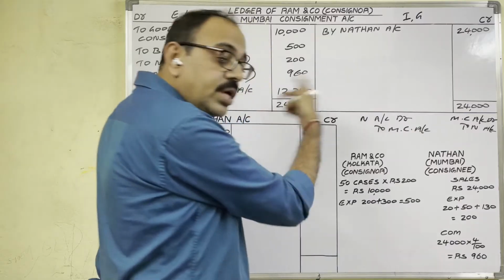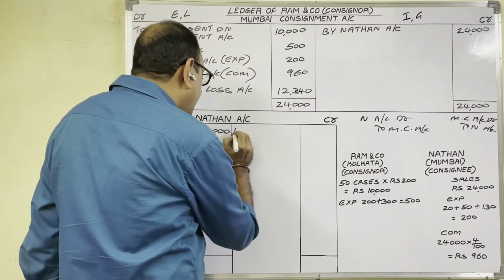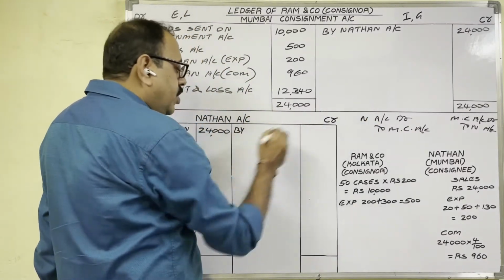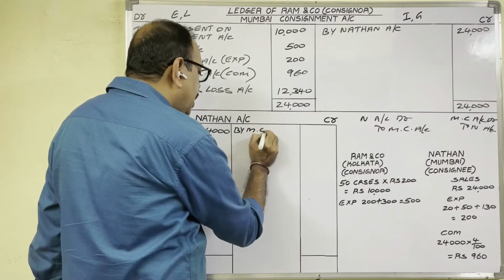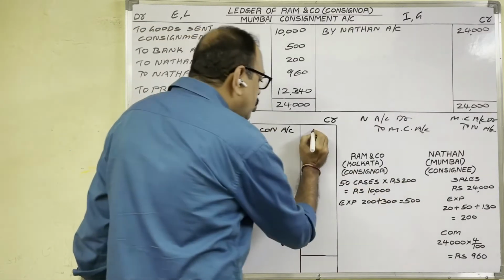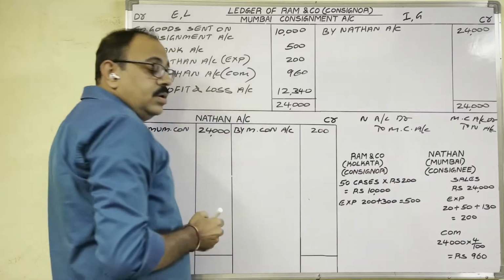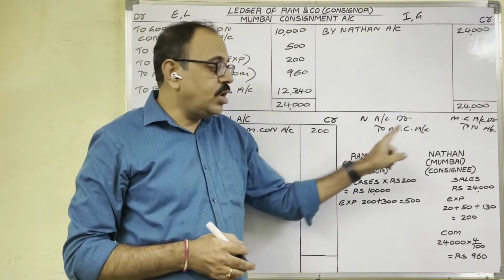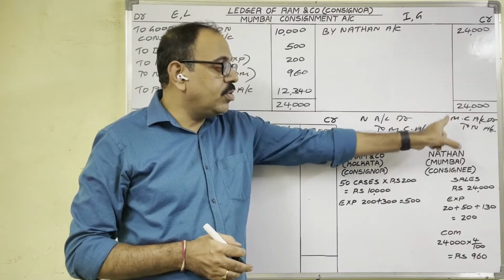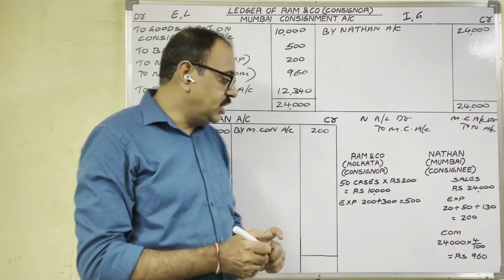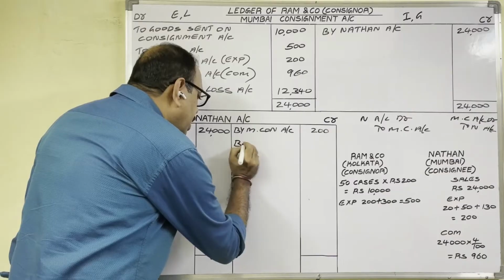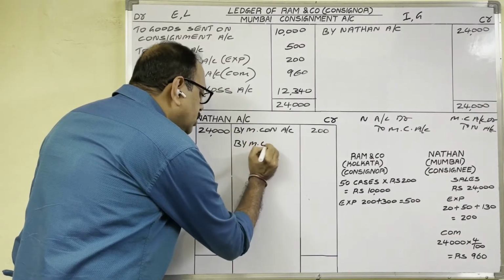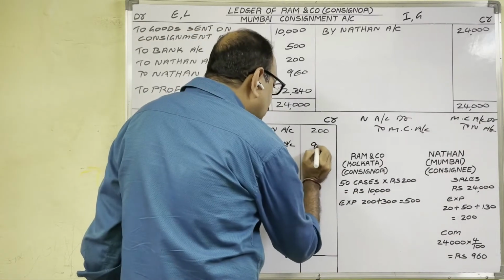So in Nathan account, credit side we should post by debit account name, Mumbai consignment account. Amount 200 rupees. Next is for commission. In consignor's books, for commission also same entry now. Mumbai consignment account to Nathan account. So same posting. Credit side by Mumbai consignment account. Commission amount 960 rupees.